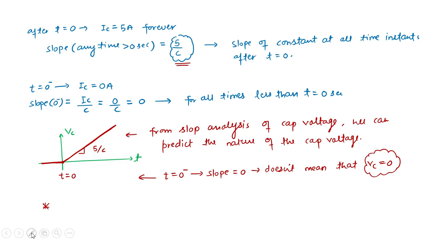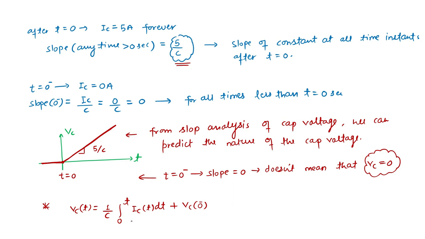Yes. So what is the exact nature? The exact nature is VC(t) equal to 1 upon C, integrating from 0 to t, IC(t), plus there is some initial condition also, that is VC(0 negative).